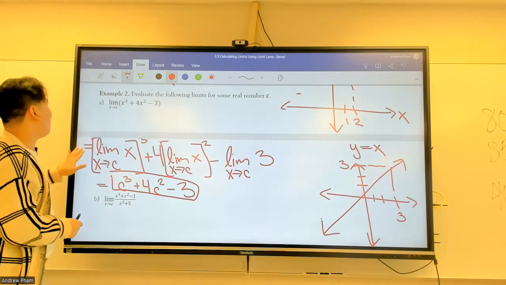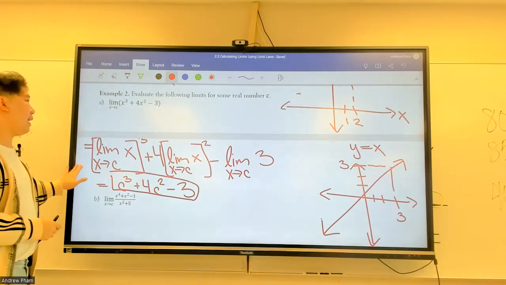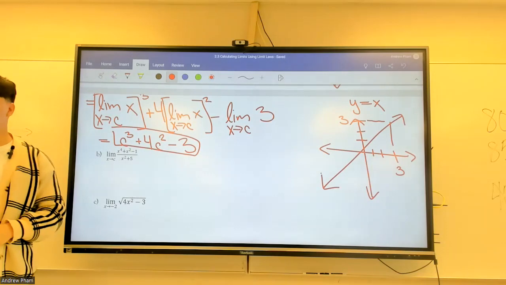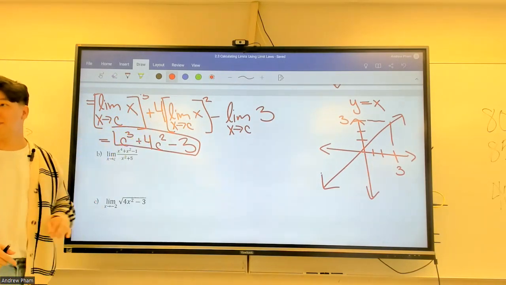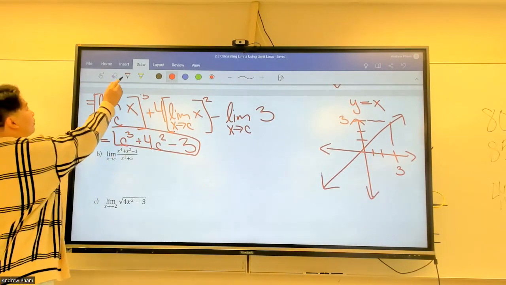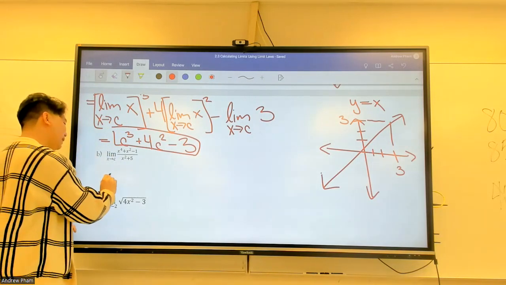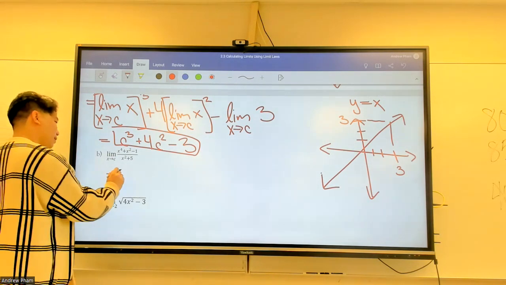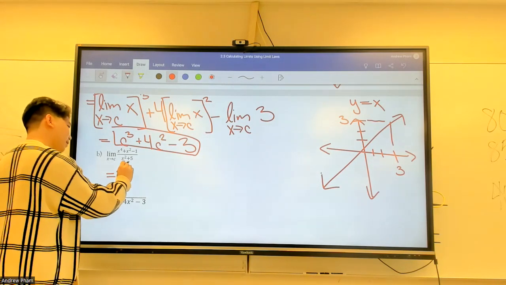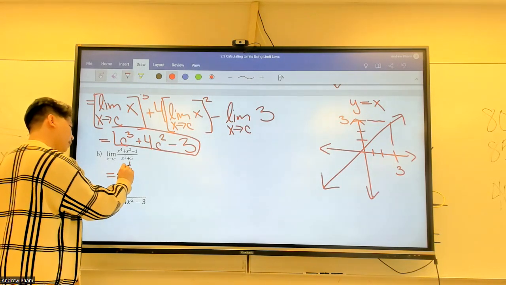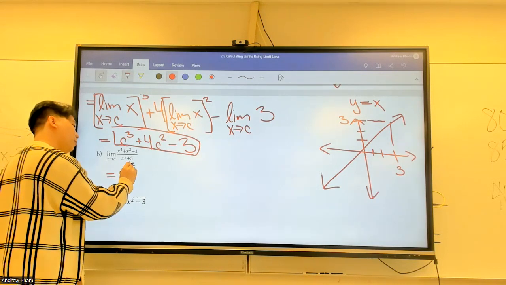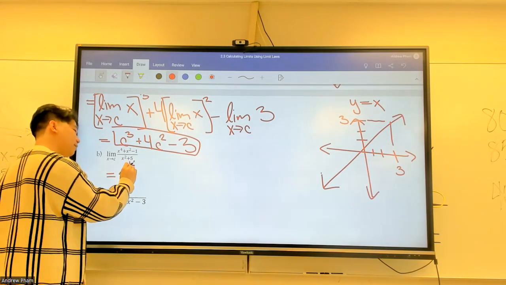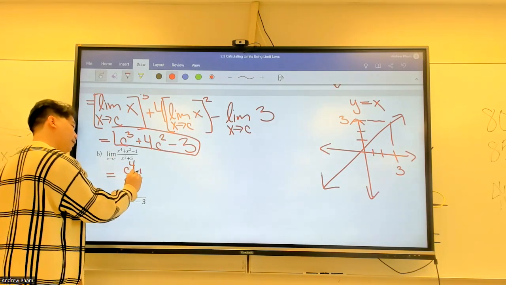So looking at part B, I'm going to claim that you can do this without having to do all this extra work. Someone very quickly tell me, what is the limit as x goes to c of this very nasty looking quotient going to be? So c to the 4th.